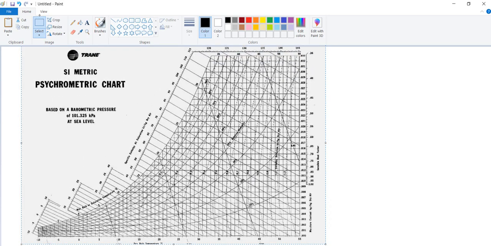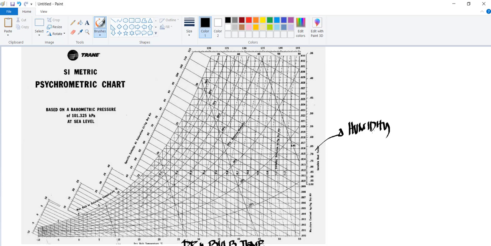Down here, we have your dry bulb temperature. Then we have here your humidity.